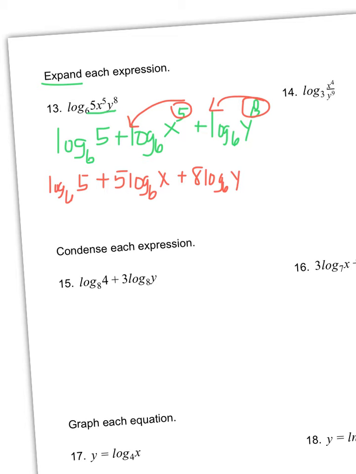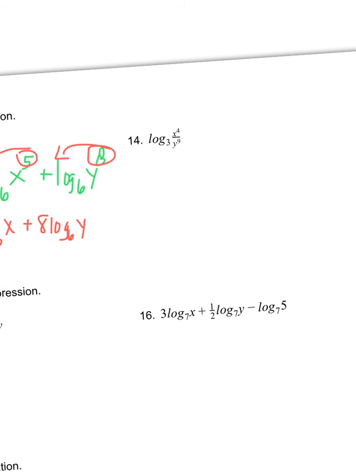And similarly, for the next one, this one uses a different rule. This one we have to use the rule for division. And if it's division, we separate the logs with a minus. So the next step, not the final answer, is going to be log base 3 of x to the 4th minus log base 3 of y to the 9th.